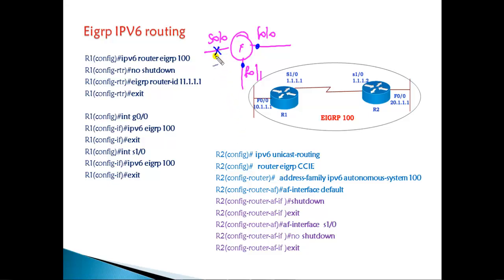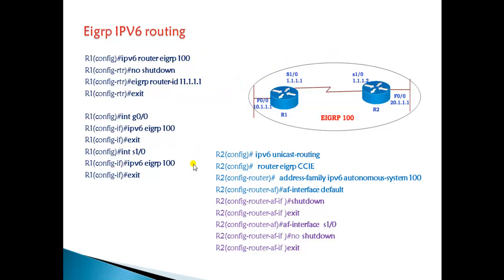In that case, I can go to the interface, for example S0/0, and simply say shutdown. In order to go to that specific interface, not in global configuration mode, we need to say af-interface. The command will be af-interface, and then we say shutdown, which shuts down EIGRP on that particular interface.